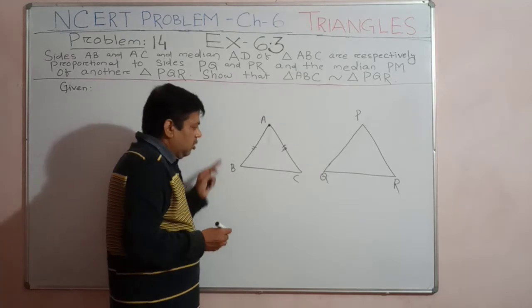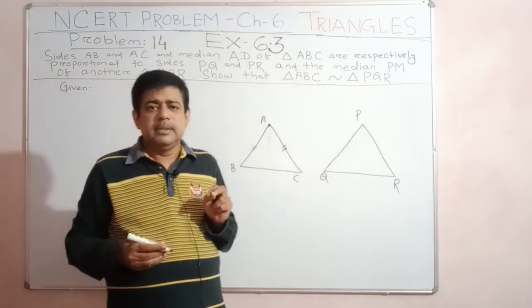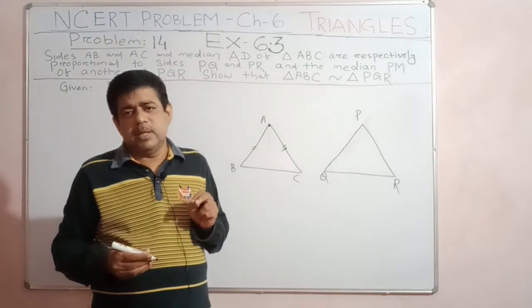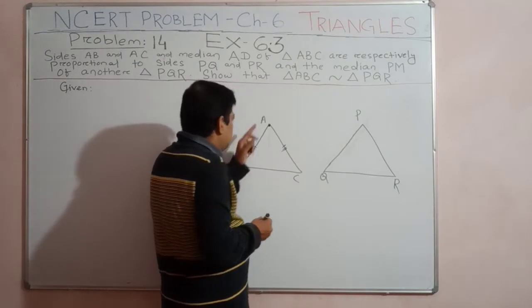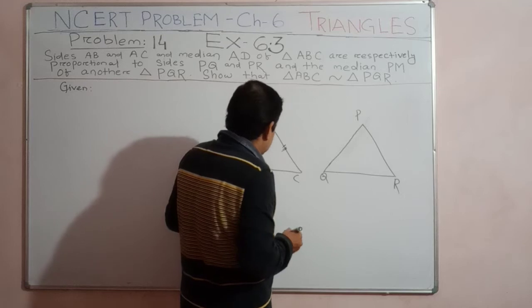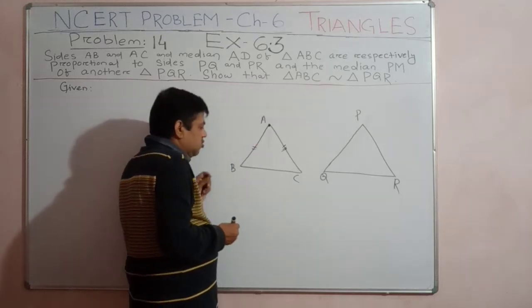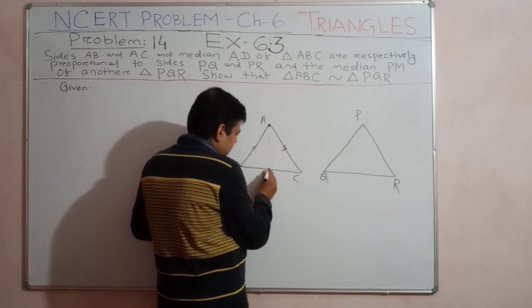All of you know the median is a line segment joining the midpoint of one side to the opposite vertex. So we have to draw a median through the vertex A to the opposite side BC. We take a midpoint of side BC of triangle ABC.